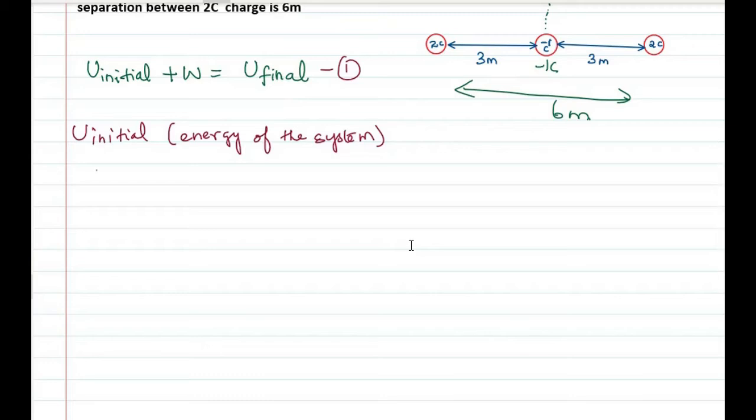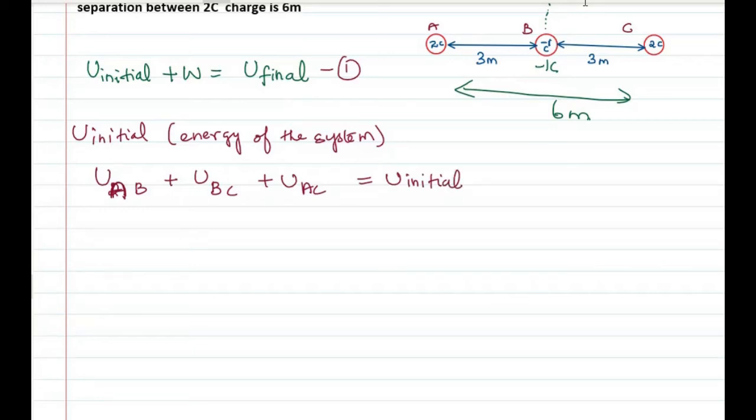Let them be A, B, C. We can write it as the energy between A and B, plus the energy between B and C, plus the energy between A and C. This is the total initial energy of the system.